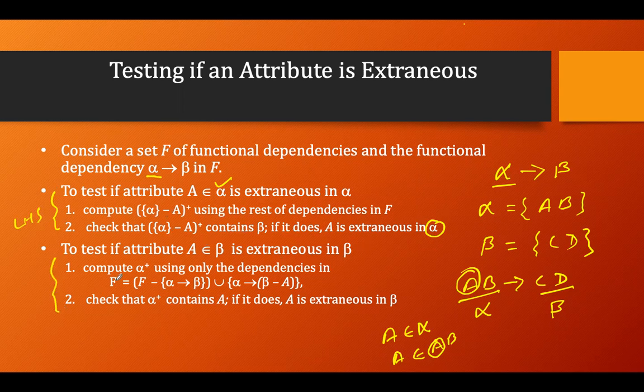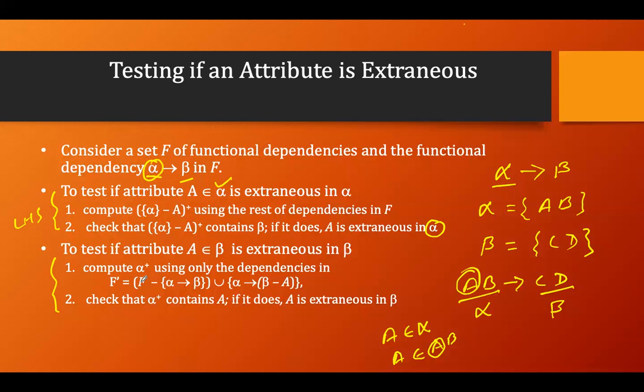Now let's check for the right hand side part. We'll check for any attribute A which belongs to the right hand side, beta, being extra. So we have to find the closure of alpha using the dependencies. What dependencies do we have to use?